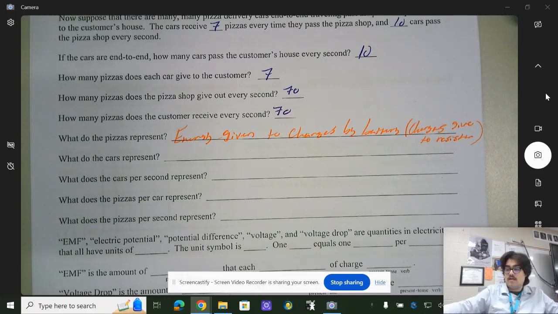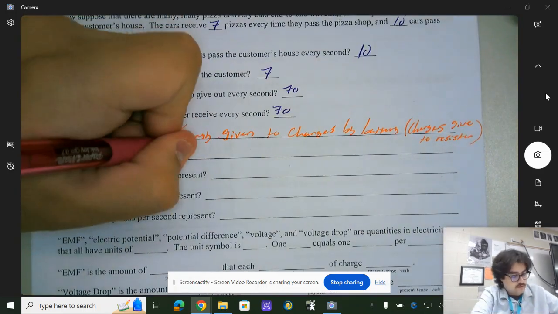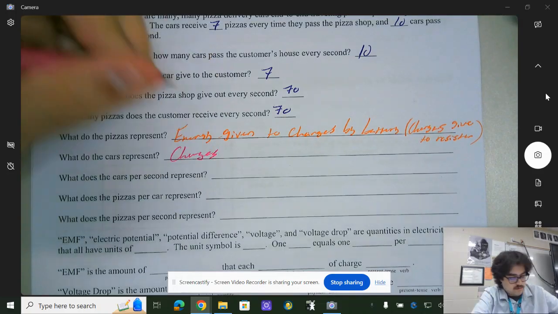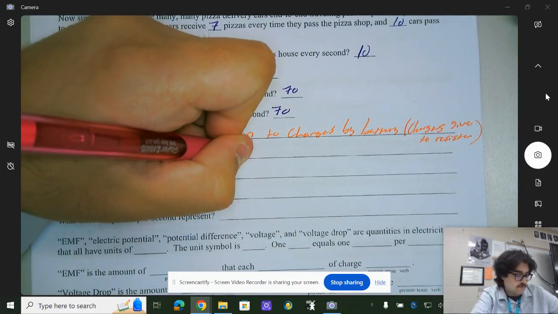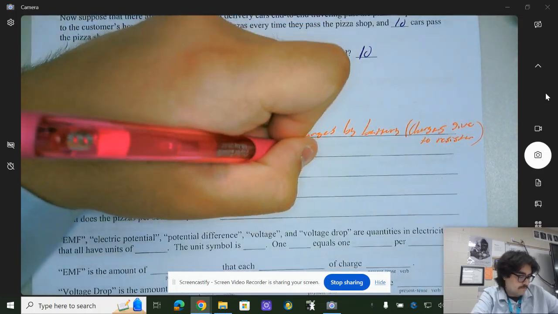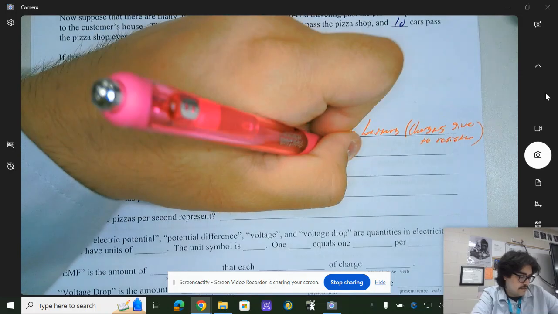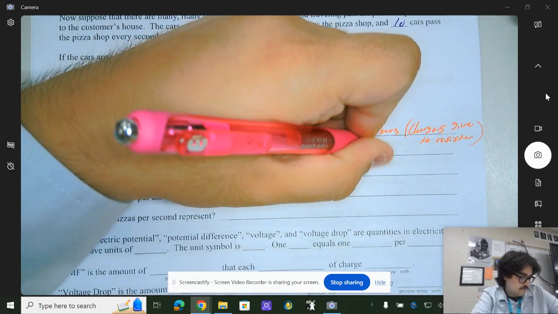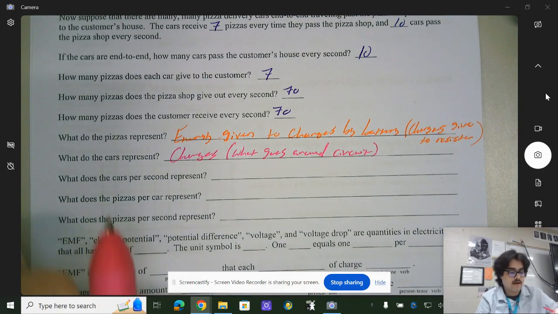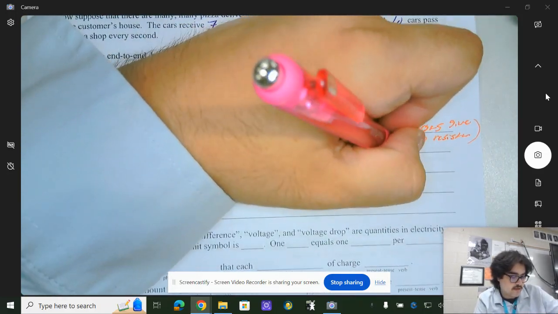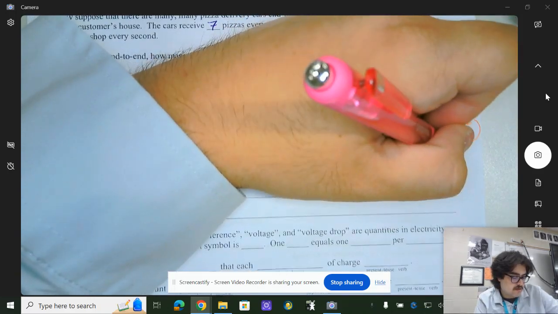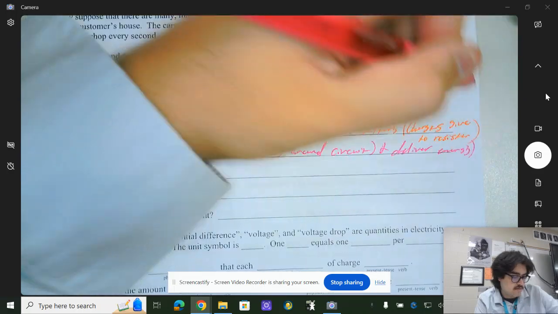Like I said, the cars represent the charges, that's what goes around the circuit. And they deliver energy. I should also say that too.